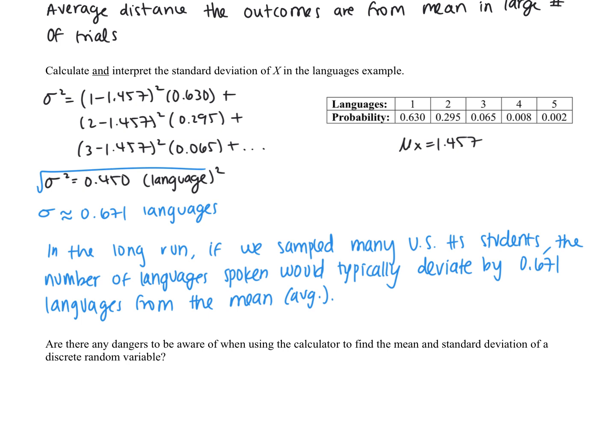Stat. So right now, you're going to go to stat, you're going to go to edit. You're going to put the number of languages in list 1, and you're going to put the probabilities in list 2. So put the number of languages in list 1, and put their associated probabilities in list 2.